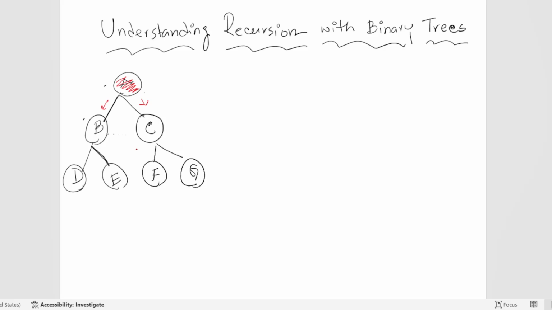Your computer is working in the same way. It must go to either B or C. So let's choose B. So from A, using this edge, we move to B.